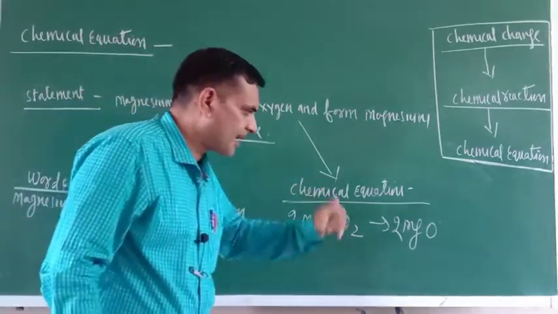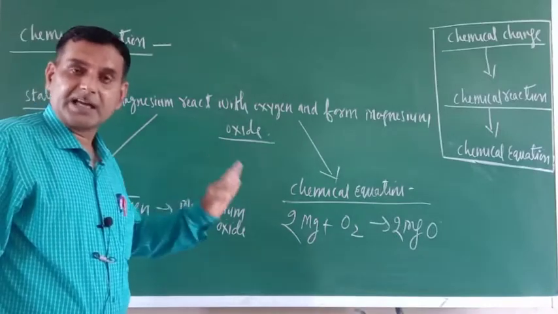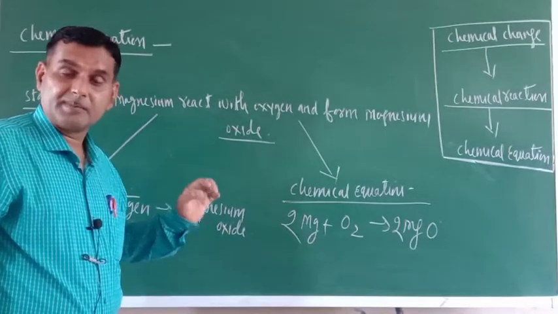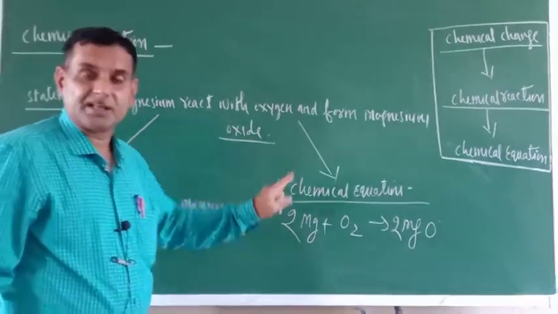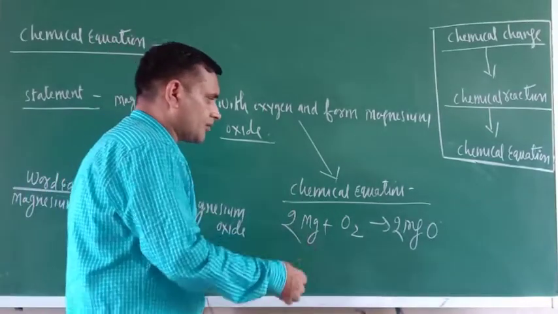This is called a chemical equation. So what is the chemical equation now? Define. A chemical equation is nothing but a shorthand method to represent the chemical reaction with the help of symbols and chemical formulae. So here note down the definition.